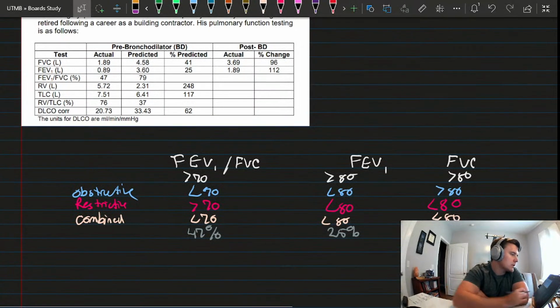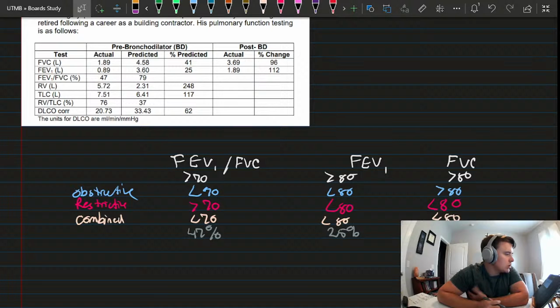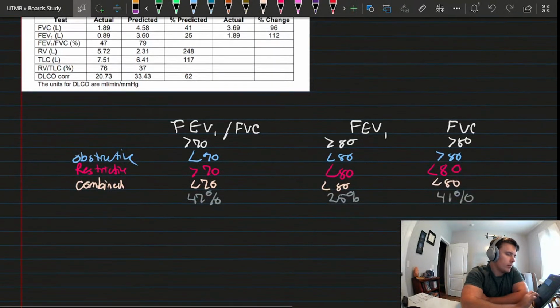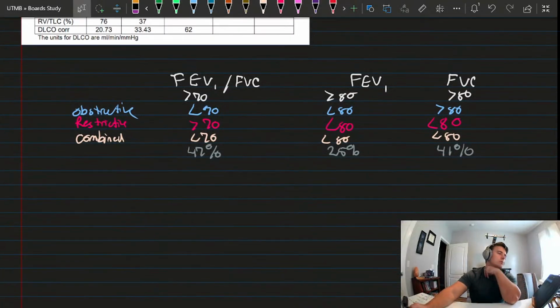So with this post bronchodilator change, you've got a 96% change. So I'm leaning more toward restrictive and obstructive lung disease. It's a big change. All right, so this is going to be a combination of restrictive and obstructive lung disease. So let's go to our PDF, case 3.